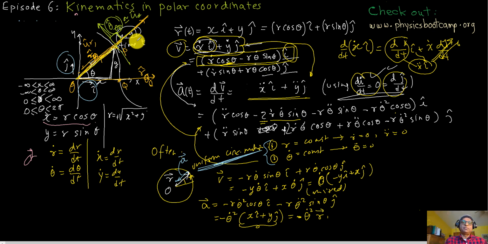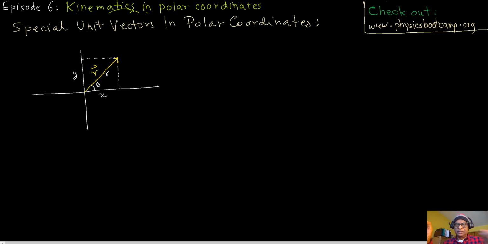So I'm going to clean it up, and instead of writing all these quantities in terms of i hat and j hat, we'll start to have these special unit vectors in the polar coordinates. And let's try to do that. So far we've done what is called the mixed way of doing polar coordinates, where you use both i hat along this direction and j hat along that direction.